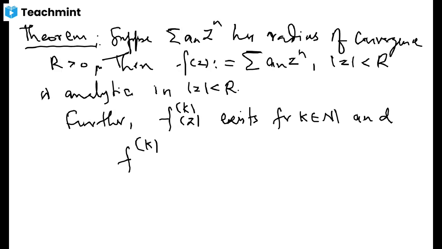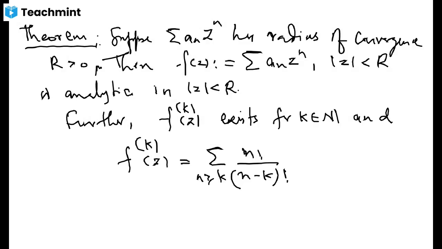and the formula for the derivative of this function f(z) is given again in terms of a power series: the sum of n factorial upon (n minus k) factorial, where it is better to take n greater than or equal to k, times a_n z to the power n minus k, and this is again a power series which is valid here.